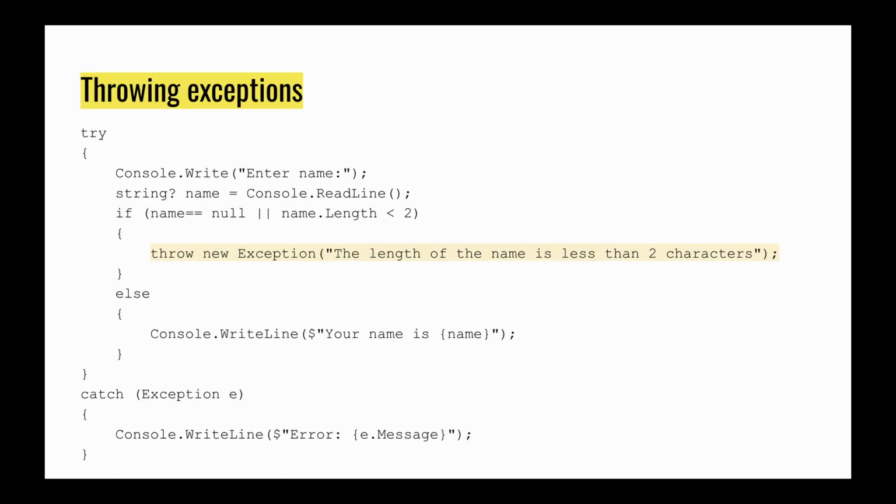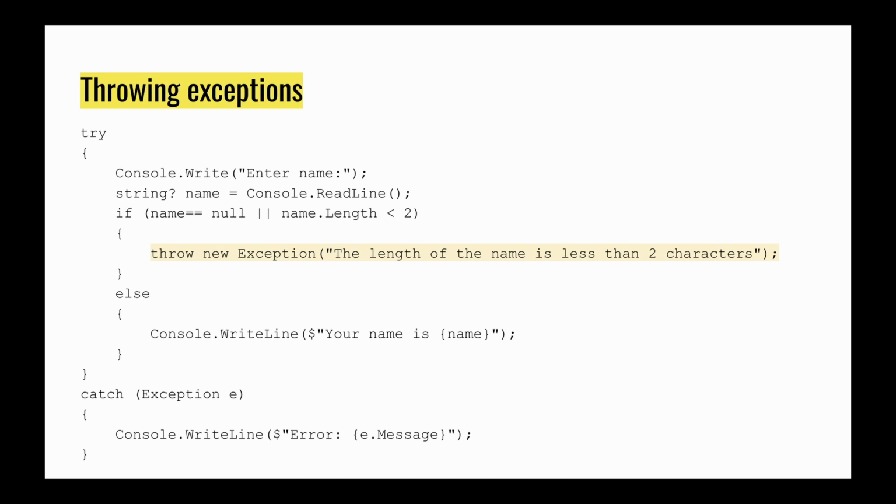Exception generation and the throw statement. Usually, the system itself generates exceptions in certain situations, for example, when dividing a number by zero. But C# also allows you to manually throw exceptions using the throw statement. That is, with the help of this operator, we can create an exception and call it during execution.